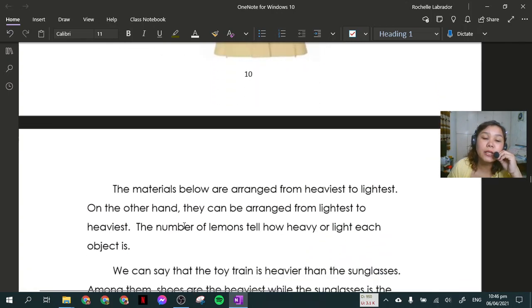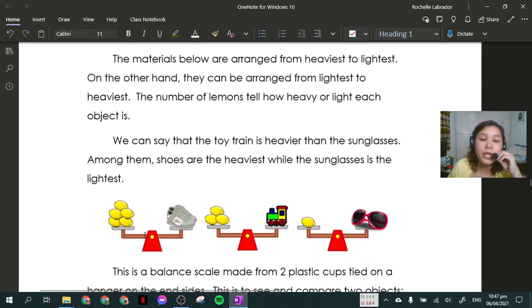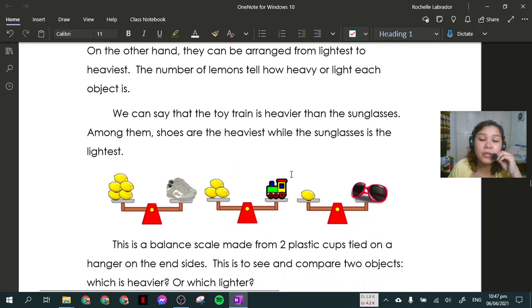Okay, so next, the materials below are arranged from heaviest to lightest. On the other hand, they can be arranged from lightest to heaviest. The number of lemons tell how heavy or light each object is. So if you notice, we have here objects: the shoes, toy train, and then sunglasses.